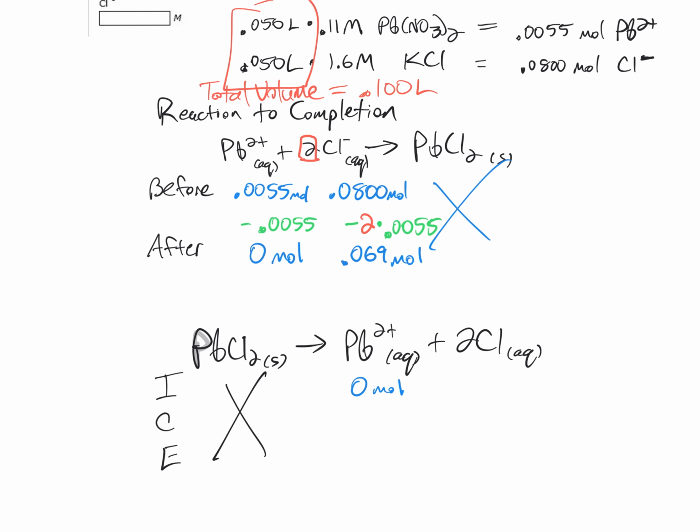So the chloride ion, which we found that at the end of the reaction to completion, we had 0.069 moles. If we divide that by a total volume of 0.1 liters, we get 0.69 molar.